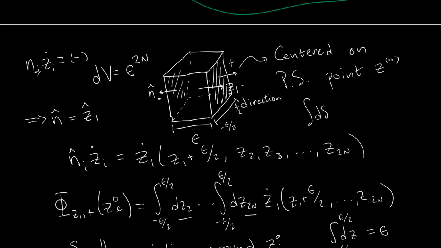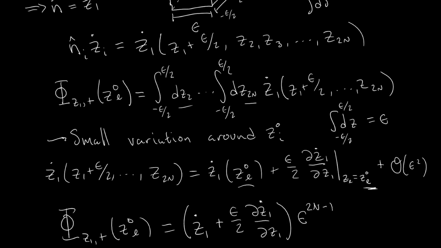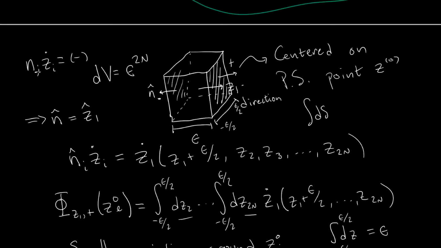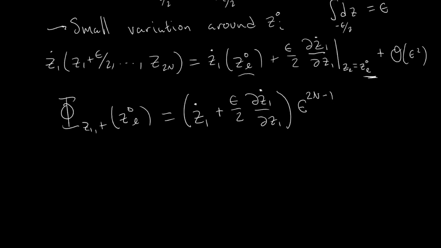So with that in mind, this whole calculation is going to be pretty much the exact same, save for two small changes. Namely, I'm going to be looking at z1 minus epsilon over 2 instead of plus. And then I get an overall minus sign in my flux because of this minus sign here. Okay?